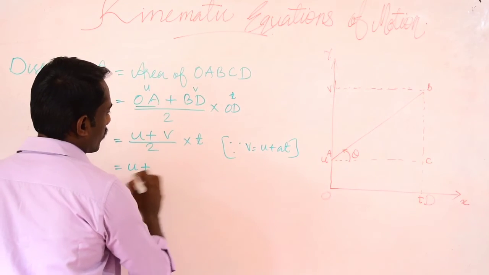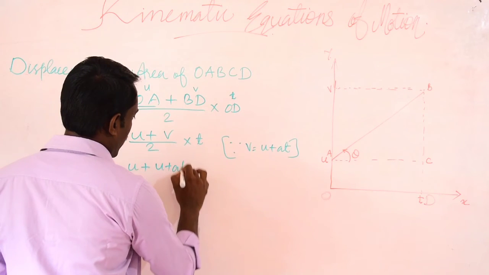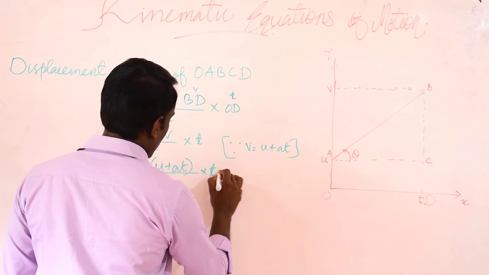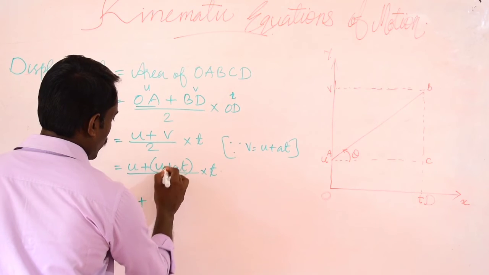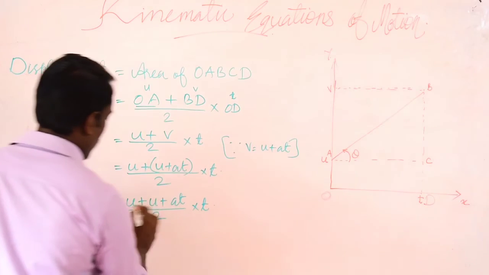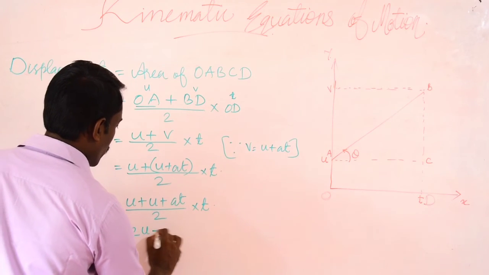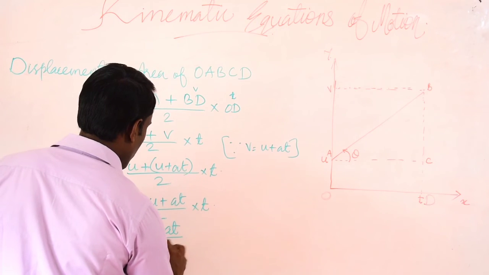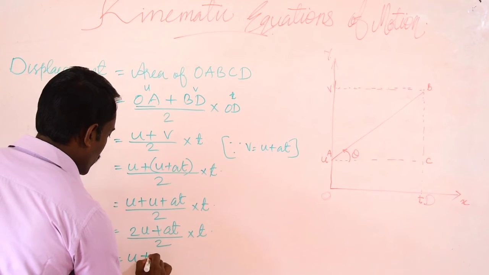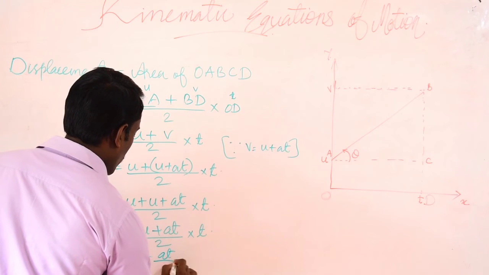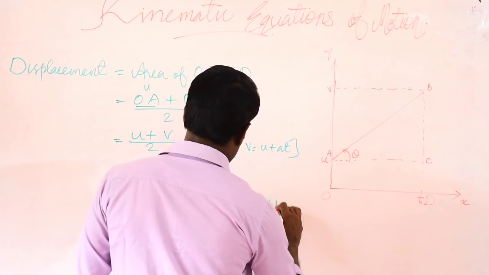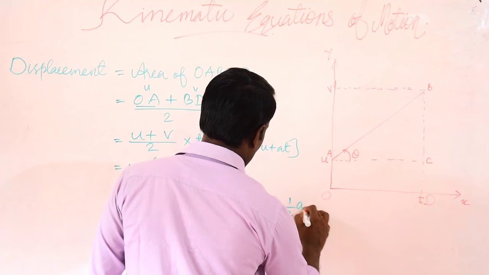That is U plus U plus AT, divided by 2, into T. Then that is equal to 2U plus AT divided by 2, into T. Then 2U divided by 2 is U, plus AT divided by 2, into T. So that is equal to UT plus half AT square.